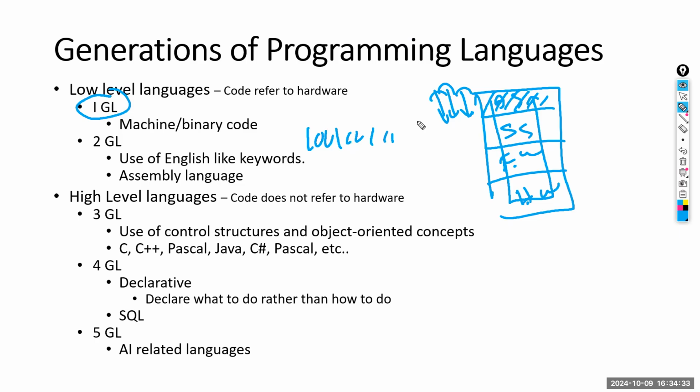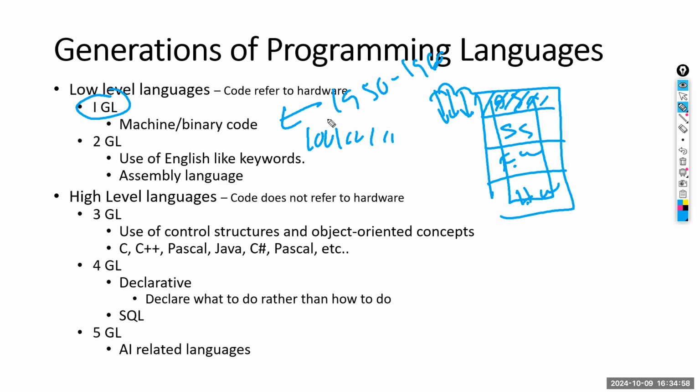These days we call it binary coding or machine level programming, which is a very, very complicated task. Machine code or binary code. This is what computer engineers used to do in the 1950s and early part of the 1960s.